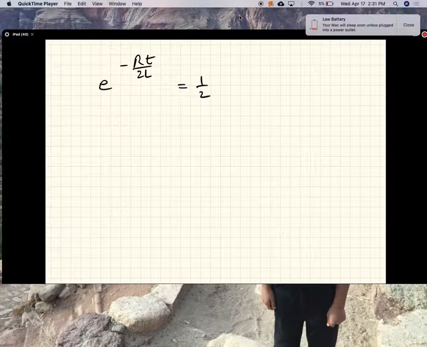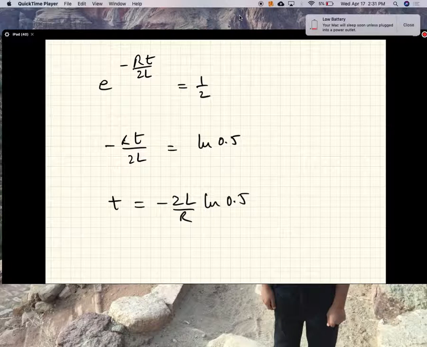Anyway, you take the logarithm of both sides, minus RT over 2L equals the log of a half, so T equals negative 2L divided by R times that log. At this time, the oscillation amplitude has died to half its value.